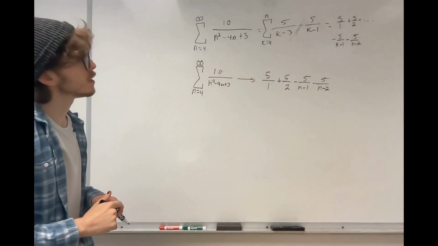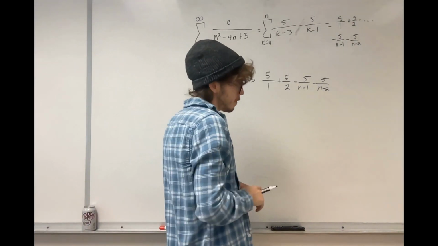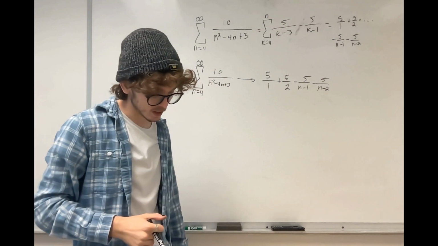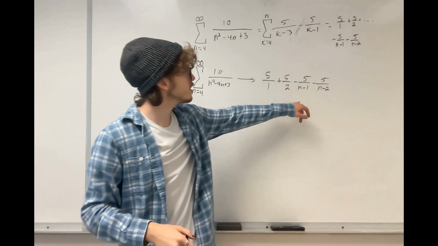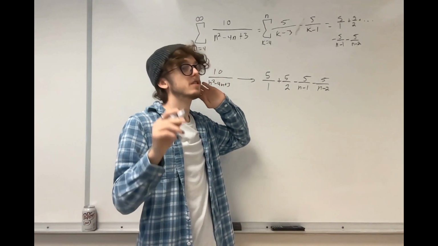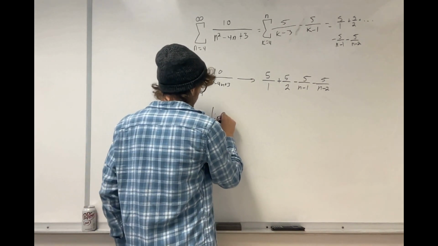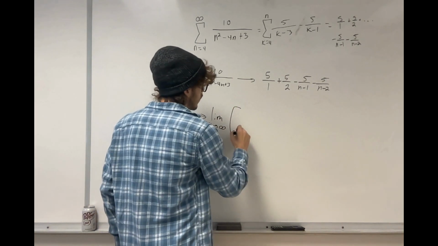So what do you think we have to do to find the actual sum? If it's a divergent series, we're going to notice that it's going to be infinite. But what we do is, okay, n doesn't really stand for a number, it stands for infinity. So let's evaluate the limit as n approaches infinity for these terms.